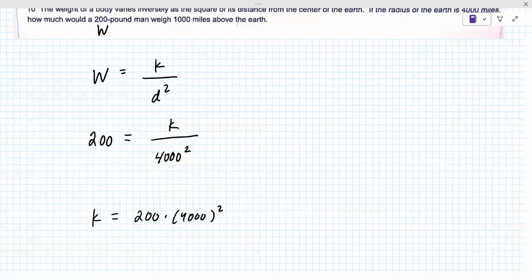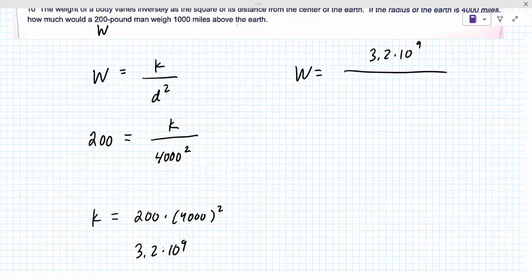When I used the Desmos calculator for 200 times 4,000 squared, I got 3.2 times 10 to the power of 9. Yes, it's quite large. So K is 3.2 times 10 to the power of 9.